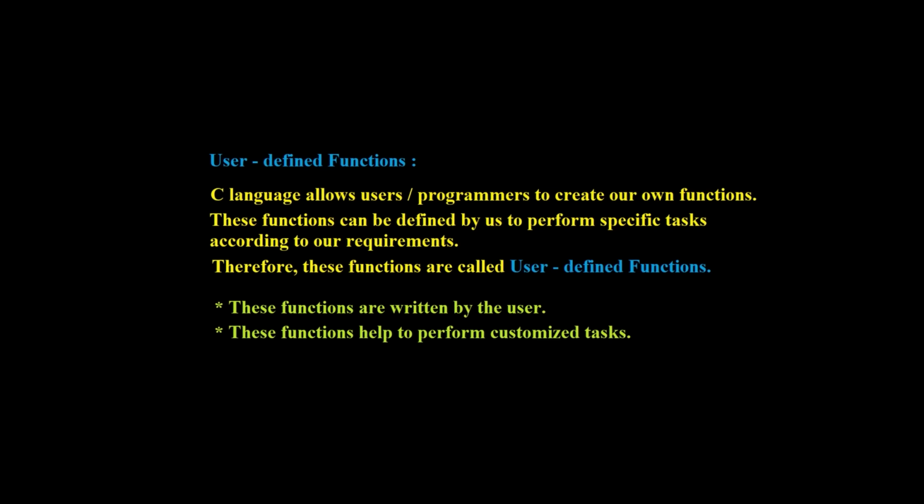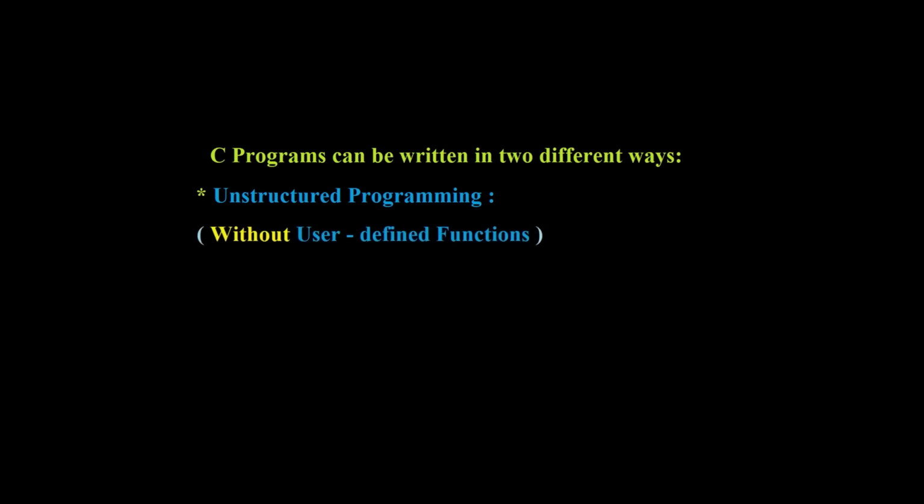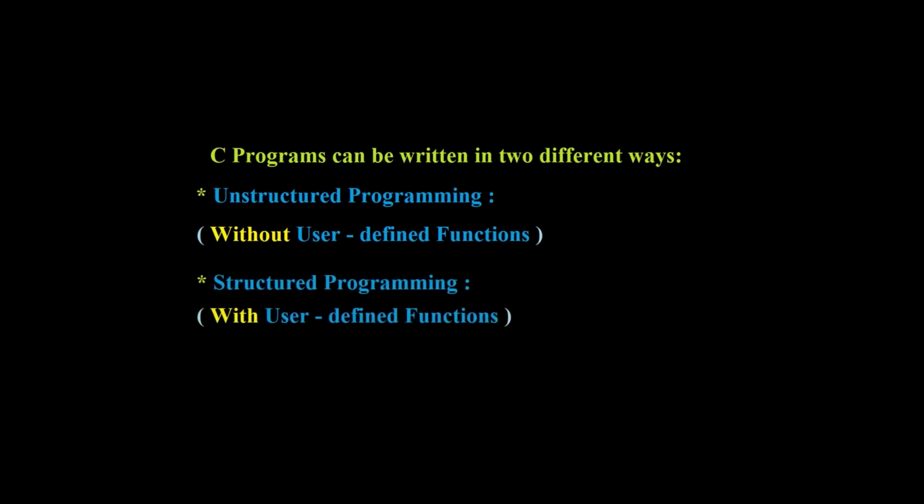Now, C programs can be written in two different ways. The first one is unstructured programming, where we do not use user-defined functions. And the second type is structured programming, where we make use of user-defined functions.